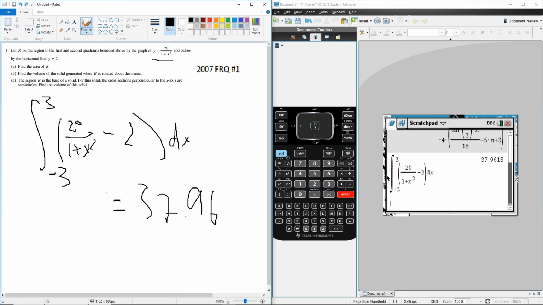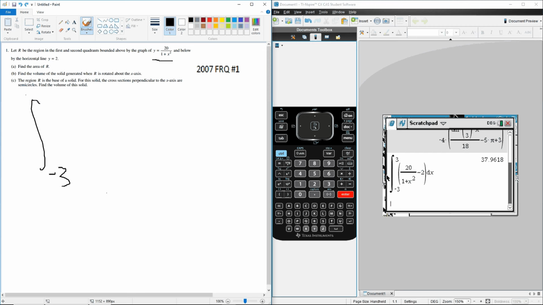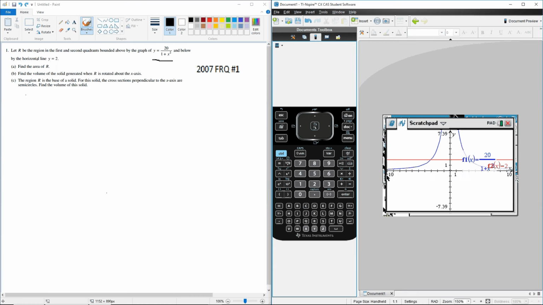Part B asks to find the volume of the solid generated when our region is rotated around the x-axis. So when this region is rotated around the x-axis, what's the volume?